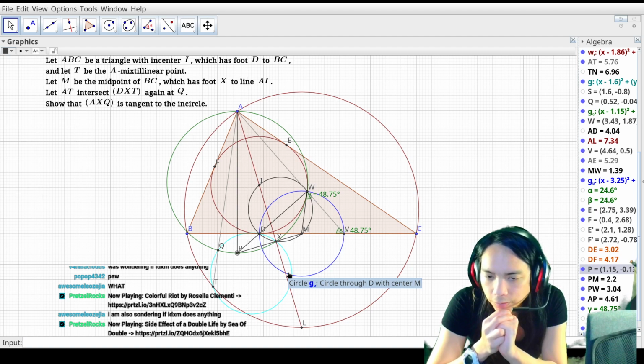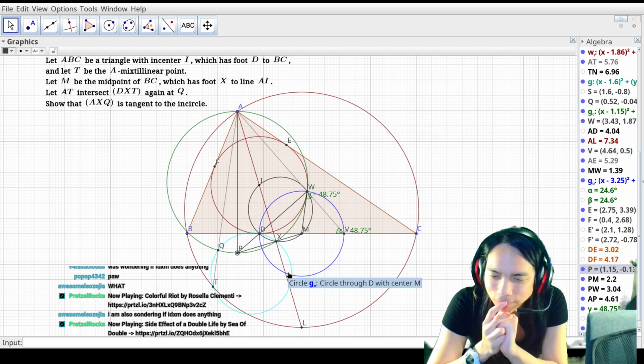Okay, so let me think this through carefully. The cyan circle TQDX is the one that's kind of the most awkward, although we kind of have pretty good control over X.